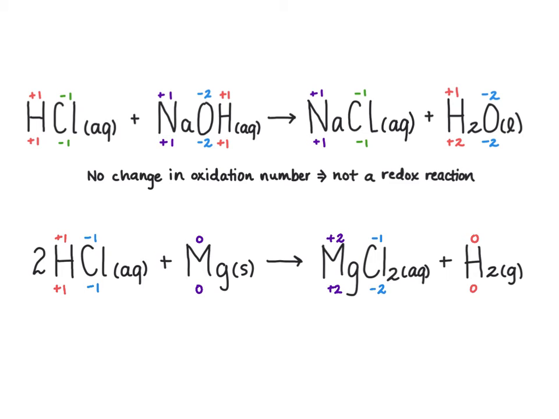So in our second reaction, what we can see is that hydrogen goes from an oxidation state of +1 to 0. This implies to us that hydrogen has gained electrons and been reduced.